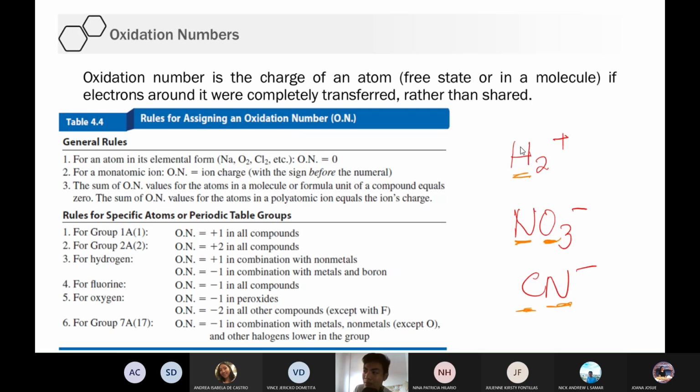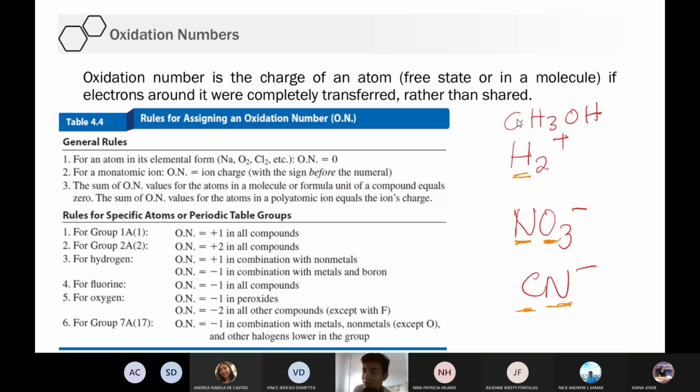If we have polyatomic ions, or let's say a compound, for example, I'll give you a compound. Compound, ibig sabihin maraming atoms na. How will you determine the oxidation numbers?